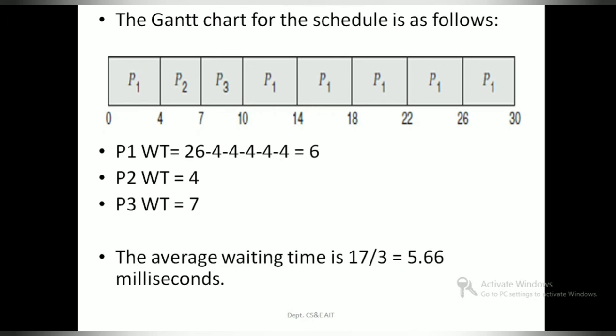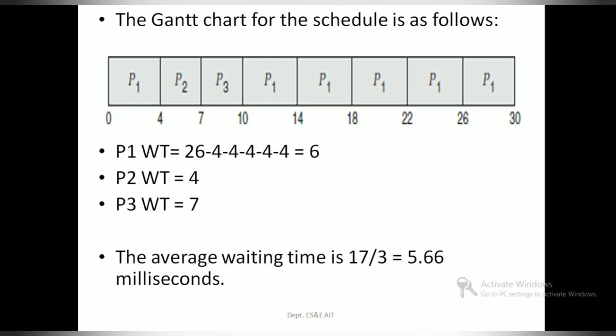That is why 26 minus 4 minus 4, I have done it 5 times to deduct that it has occurred previously for 4 milliseconds 5 times in the system. So however many milliseconds it has occurred and executed, that needs to be deducted when you're calculating your waiting time. So process P1's waiting time comes up to 6 milliseconds.